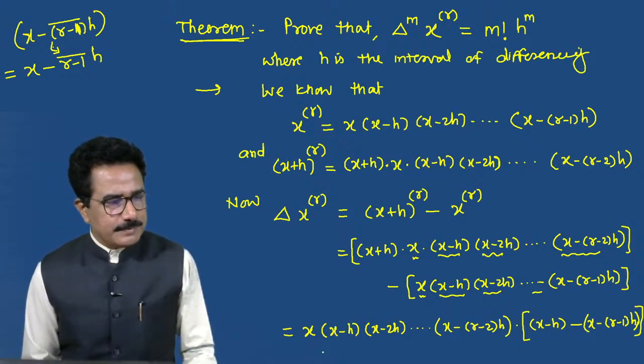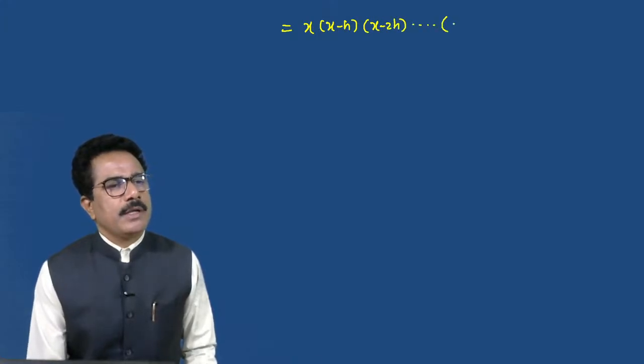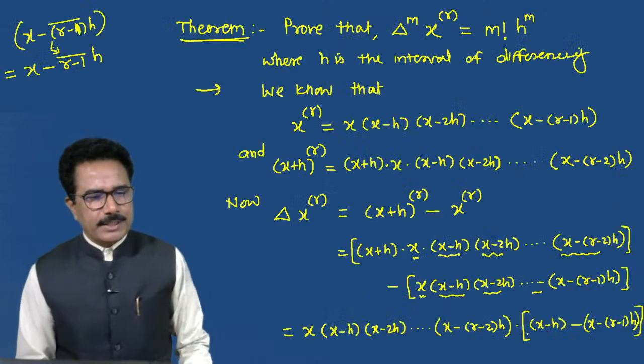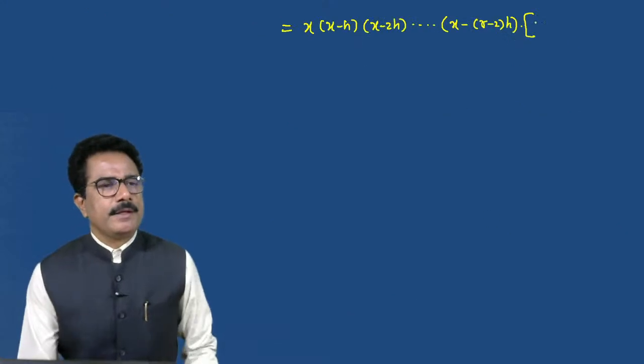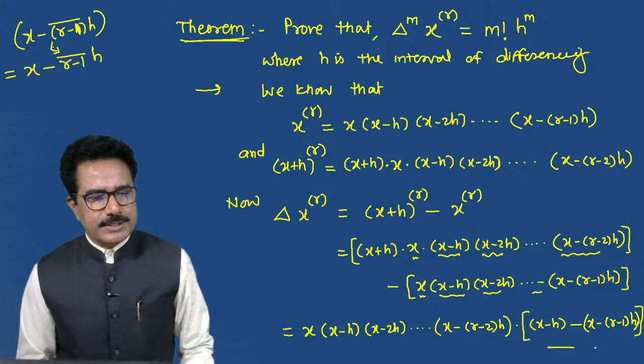Now solve this. So we write, which is equal to x, x minus h, x minus 2h dot dot dot x minus (r minus 2) into h. In the remaining bracket, what are the remaining terms? x plus h minus x minus (r minus 1) h.